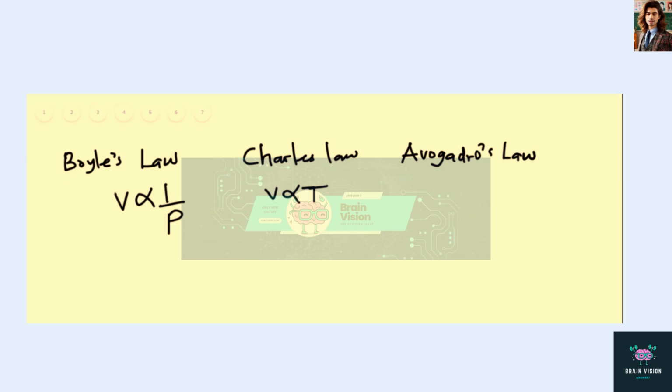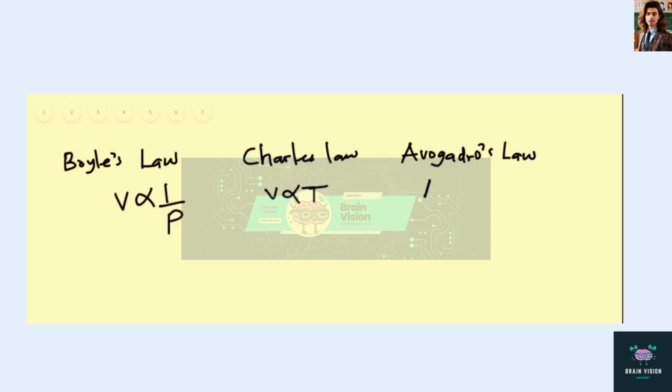Since a greater number of collisions leads to a greater overall force on the surrounding surface, the only way for pressure to remain constant is for the volume to increase so that the number of particles colliding per unit volume remains constant. And that is Avogadro's law.